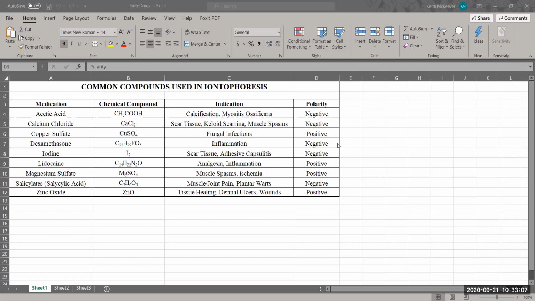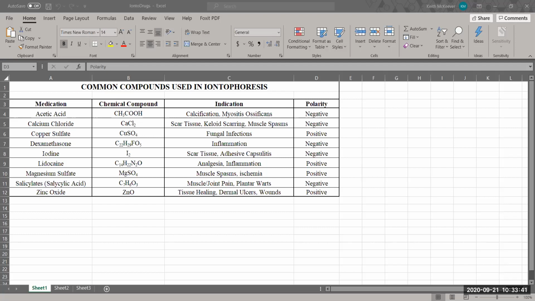Do you remember what the standard treatment time is for Ionto? The main thing is it's 50 milliamp minutes, which is usually what we're going to treat it to. So if we are using 5 milliamps of charge, in order to get to 50 milliamp minutes, we have to do 10 minutes of treatment, right?